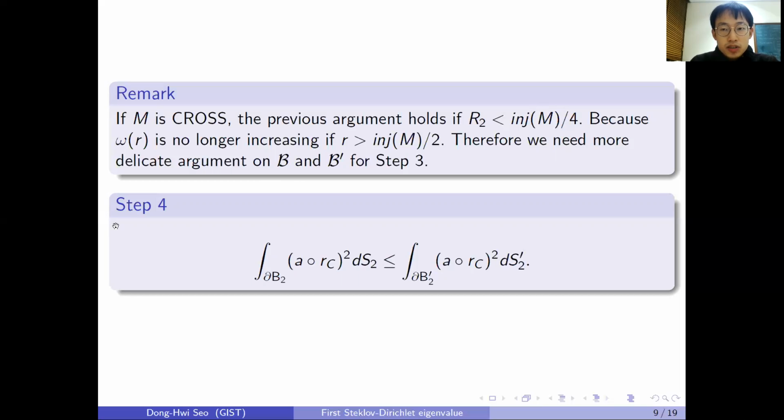Step four is about comparing the two denominators of the two Rayleigh quotients. And it is one of the most important modifications of Savo and Verma's proof.